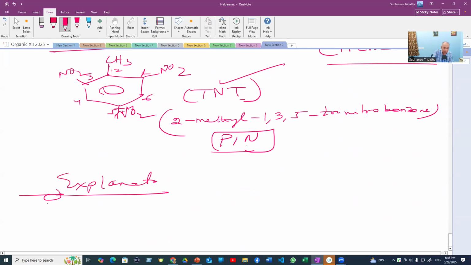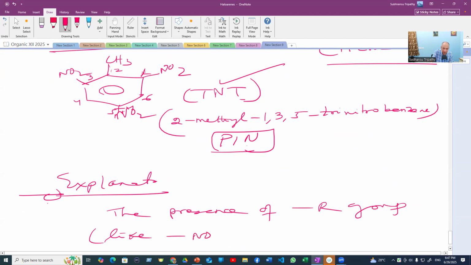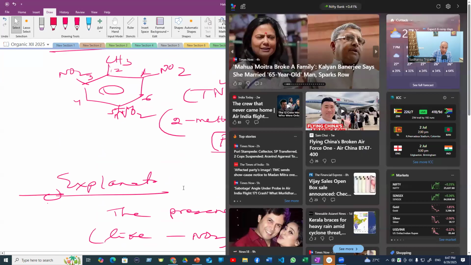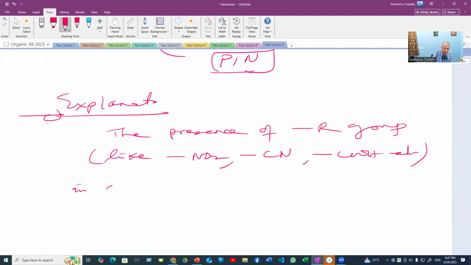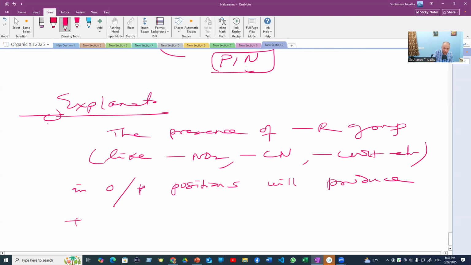The explanation is that the presence of minus R groups like nitro, CN, like CHO, etc., in the ortho-para position will produce plus delta charge on the ipso carbon with respect to the chloro group.